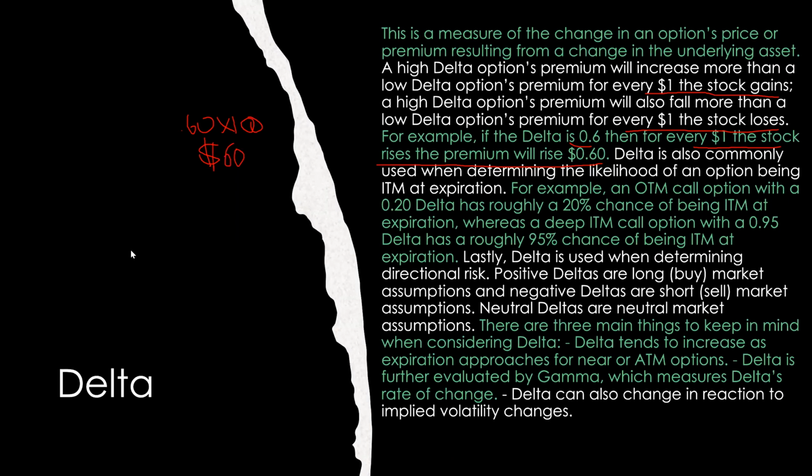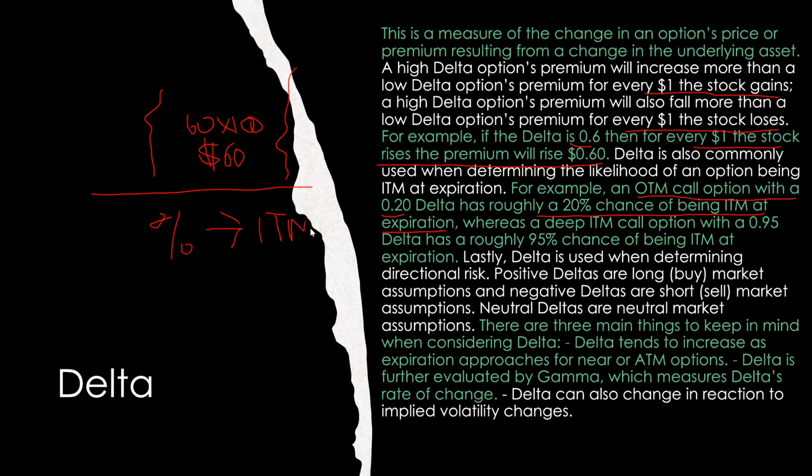Delta also has a secondary use that a lot of people don't know about. For example, an out-of-the-money call option with a delta of 0.2 has roughly a 20% chance of being in the money at expiration. So delta not only tells you the change in price per dollar, it also tells you the percentage chance that you're going to wind up in the money.